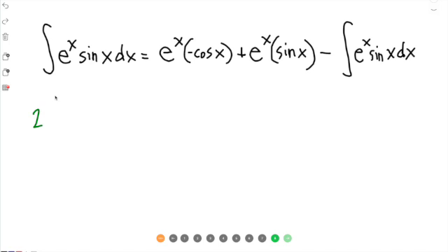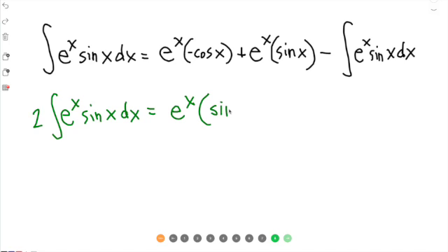So 2 times the integral of e to the x sine x dx would be equal to, I would like to factor this out at this point. So we can factor out e to the x. That would be sine x minus cosine x. So I hope you are not having a problem with the algebra that we are doing.